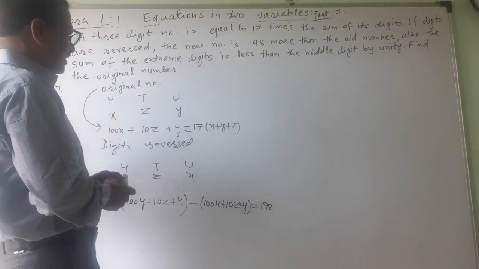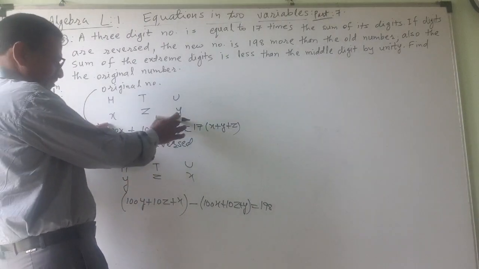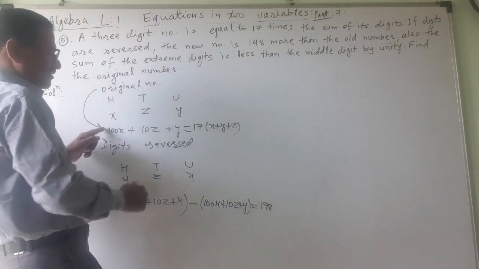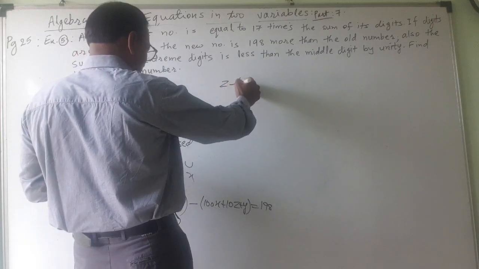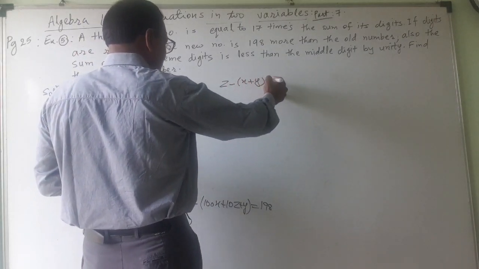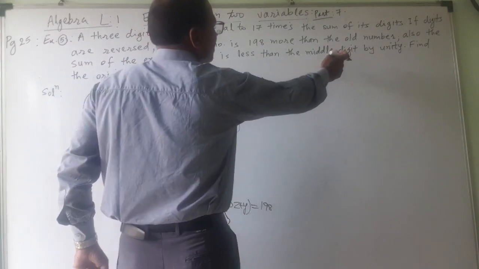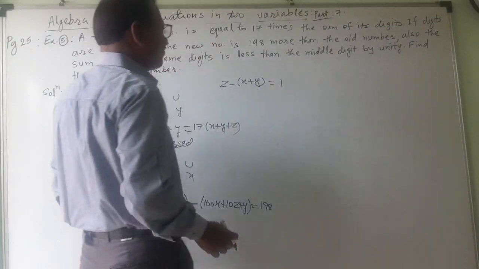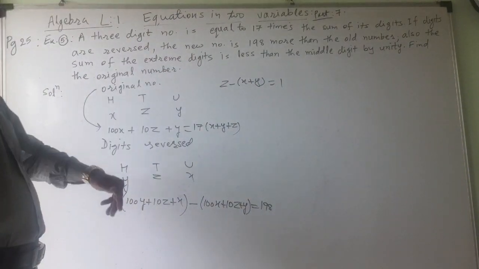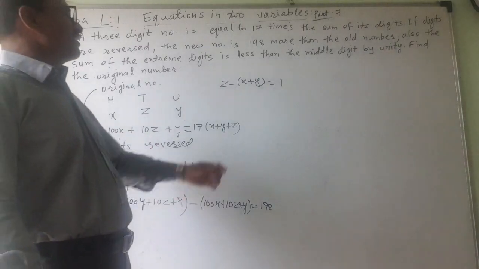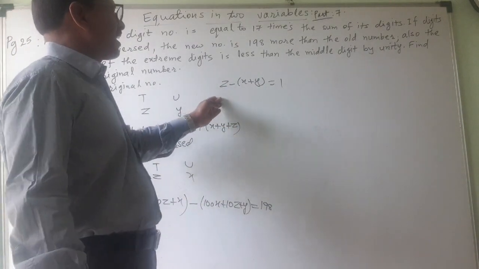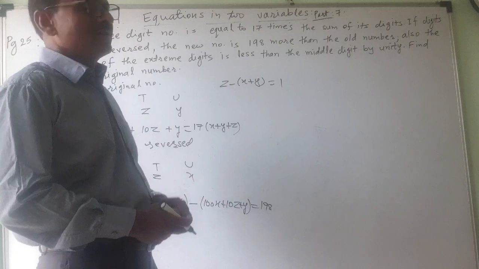Who is the middle digit? z. This sum is less than z, meaning z minus (x plus y) is unity. Unity means 1. Whichever is less, subtract it from the bigger, and that difference is 1.